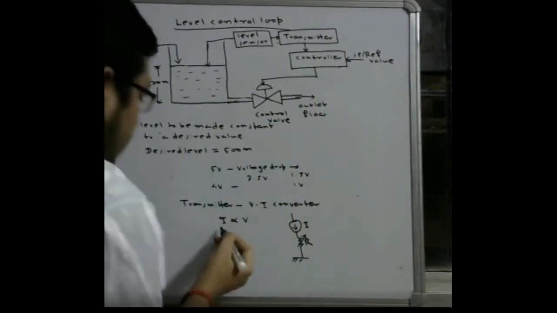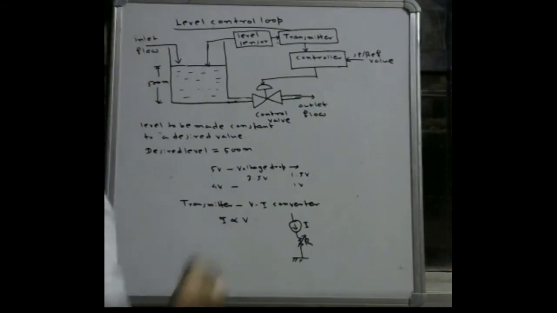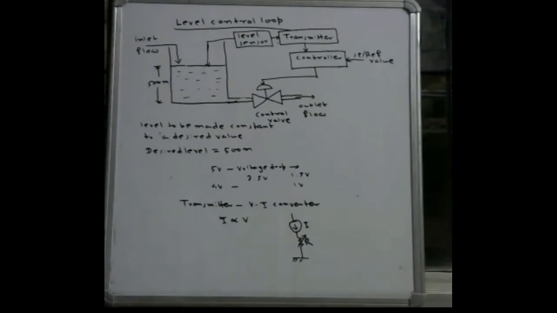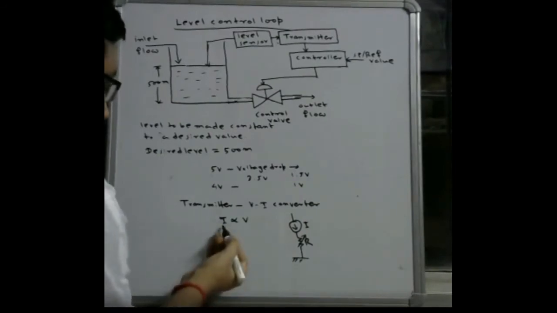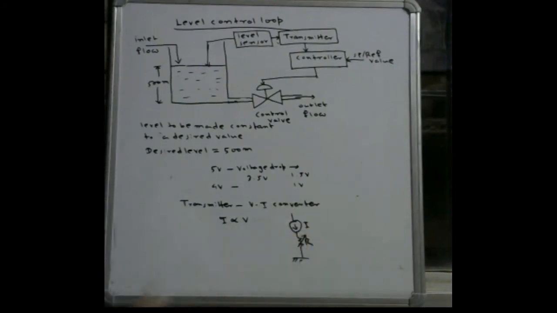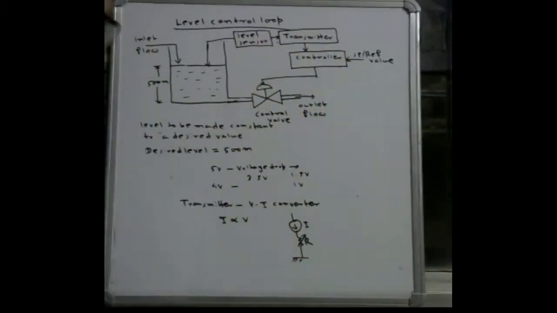Now the controller will get this input in current form. Now the problem is solved. As this current is constant, although there is a fluctuation of ambient condition, there will be no change in the current. So this one is the function of the transmitter.